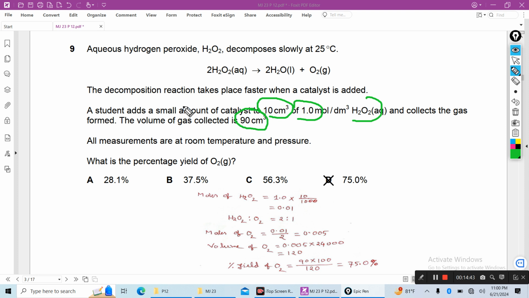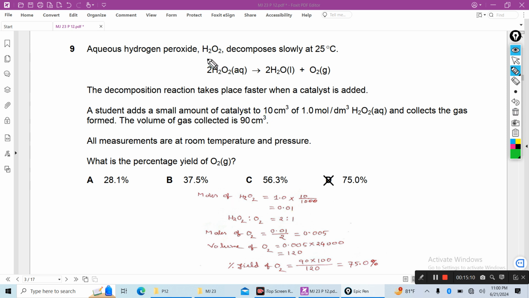So first you can find the moles of hydrogen peroxide: concentration times volume, 1 times 10/1000. The centimeter cube has been converted to dm cube by dividing by 1000. So you get moles of hydrogen peroxide, 0.01.